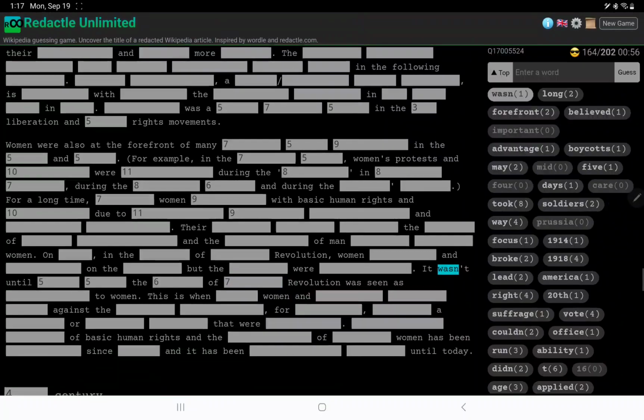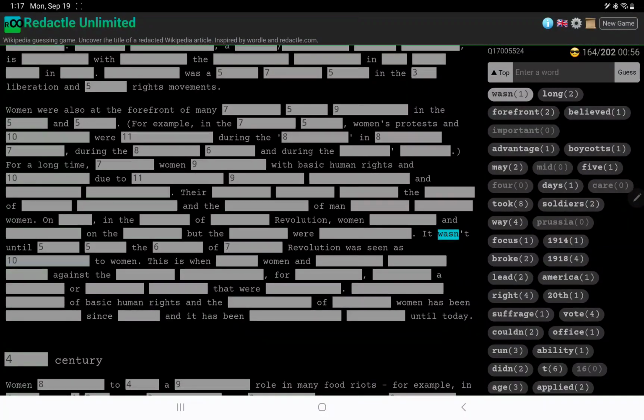It wasn't until 5-5, the 6-7 revolution was seen as something to women. This is when 5 women and 8-7, 5 against the 7-10 for something.